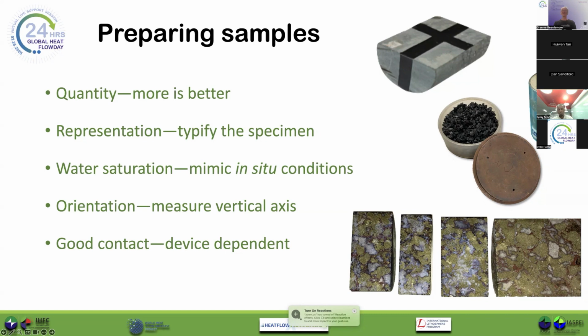Other instruments, you can pack soft material into a holding cell and then make measurements with the material tightly compacted into the cell. And if you have core, then most instruments can measure the thermal conductivity of core, but again, the core needs to be prepared in different ways.